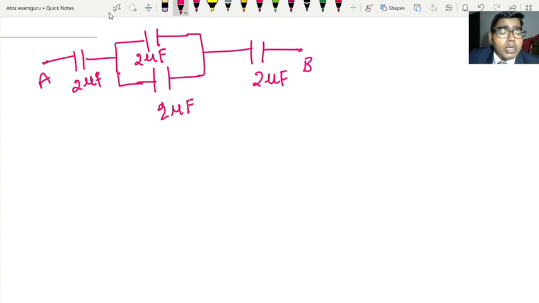You have to calculate the equivalent capacitance between node A and B, that means C_AB. Then how will you approach this question?